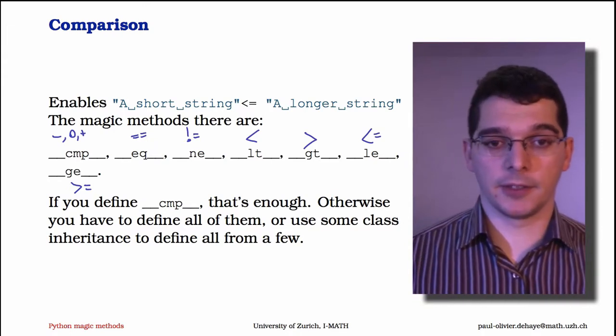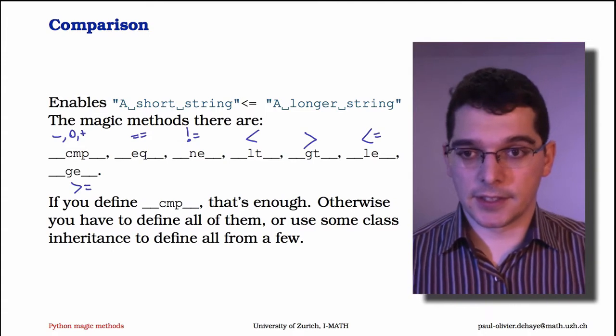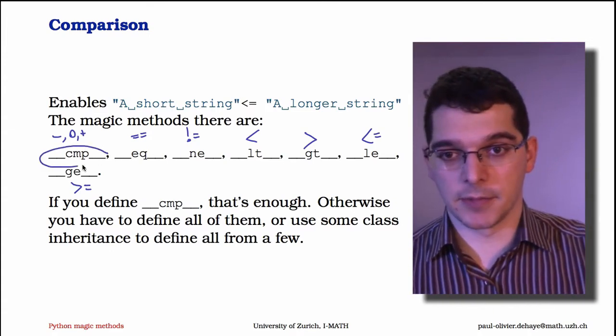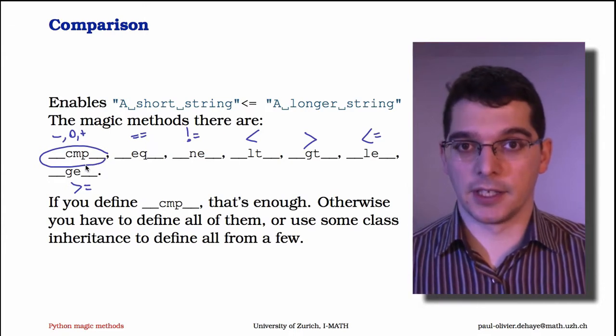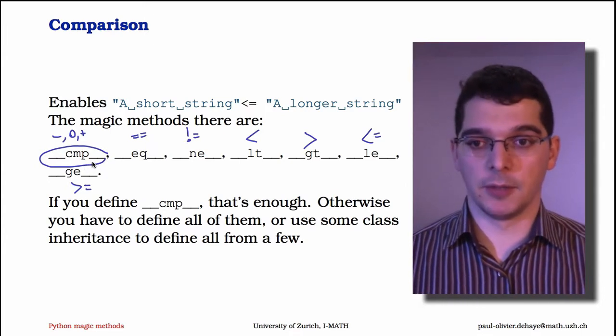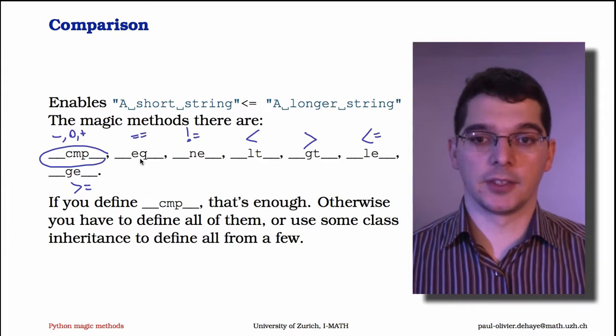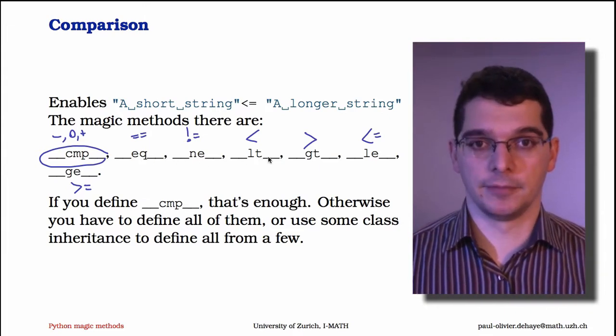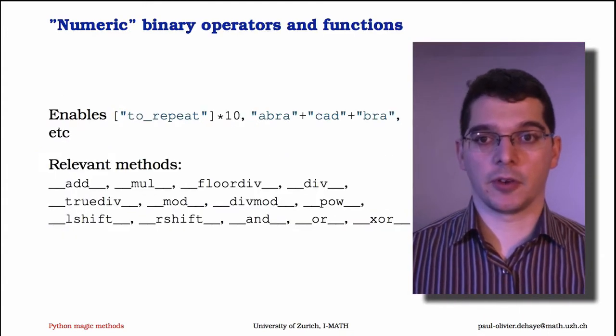And from there, Python figures out all the rest. That's one example of an advantage of standardizing those names, because Python knows that if you define a __cmp__ function with double underscores like this, you intend to define an equal, a not equal, a less than, etc. Okay, so that was for comparison.